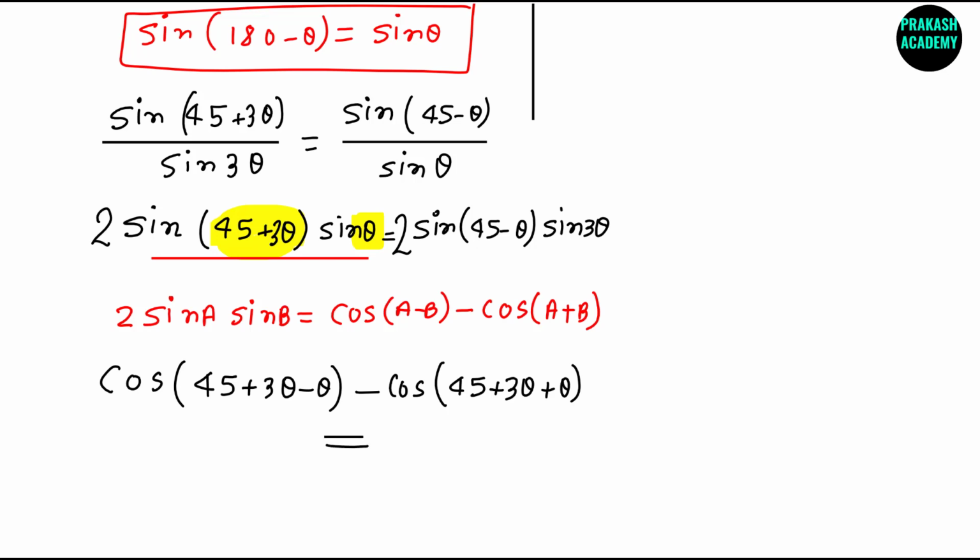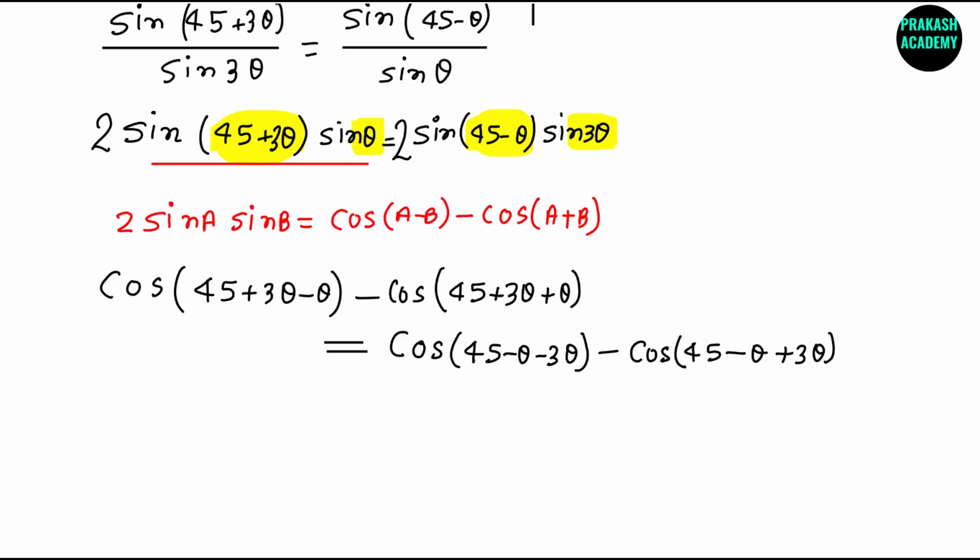And then on the right hand side, let us call this A and this B. So we will have cos A minus B, that is 45 minus theta minus 3 theta, minus cos A plus B, so 45 minus theta plus 3 theta.